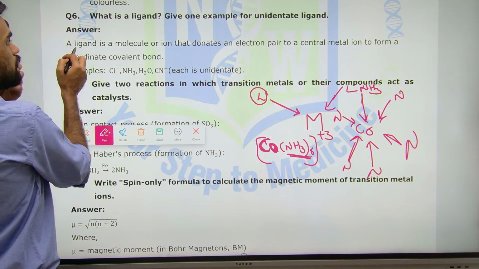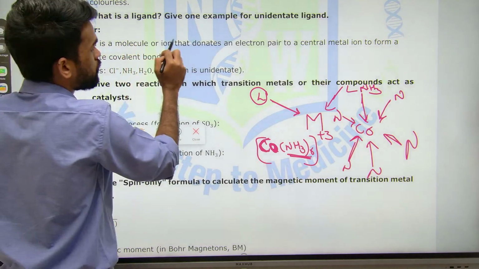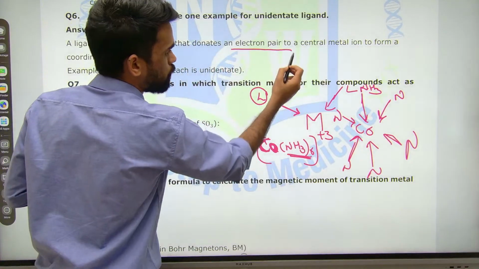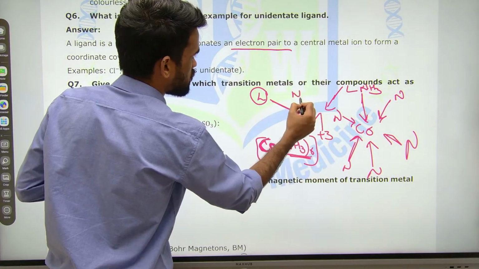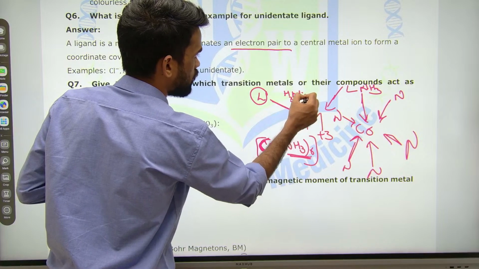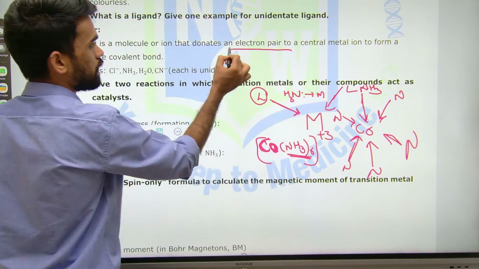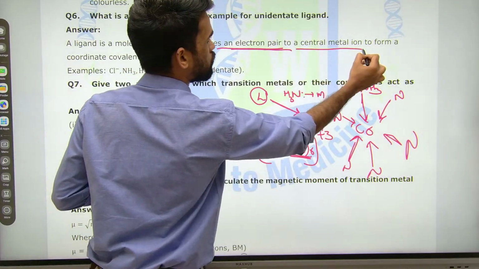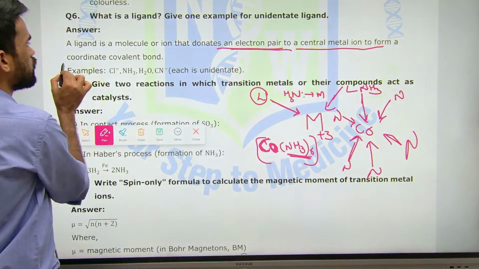Read the statement. A ligand is a molecule or an ion that donates an electron pair. See, the lone pair of electrons present on the nitrogen of ammonia is donated to the metal, the electron pair to the central metal atom or ion, to form a coordinate covalent bond.